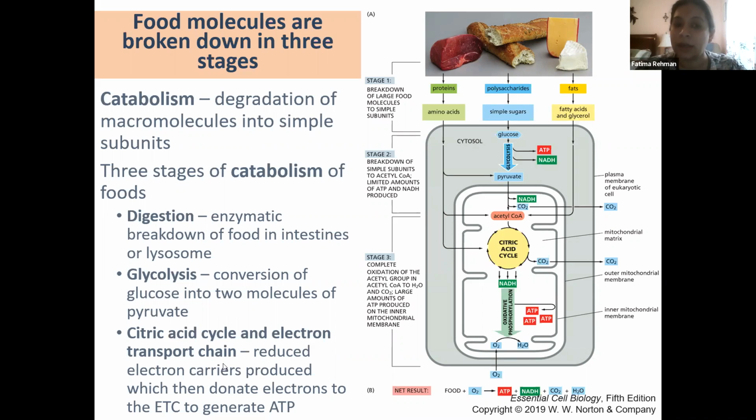You should know that the majority of those activated carriers are charged with this extra energy from the electrons, broken bonds in the citric acid cycle. And all those charged carriers are then taken into the electron transport chain where they're used to create ATP. Cool.